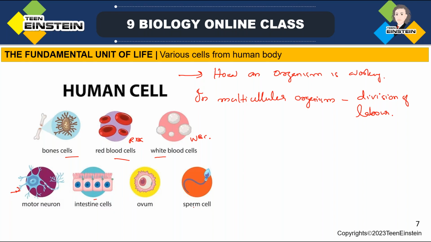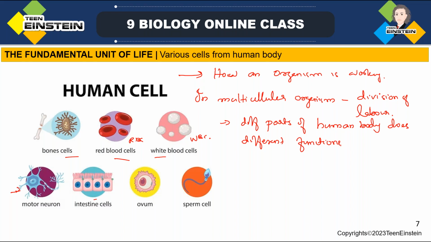Sperm cell, ovum, everything is having a specific function in a multicellular organism. So that means different parts of the human body perform different functions.